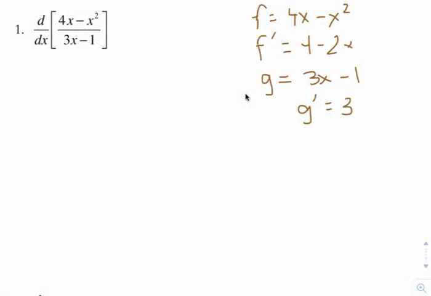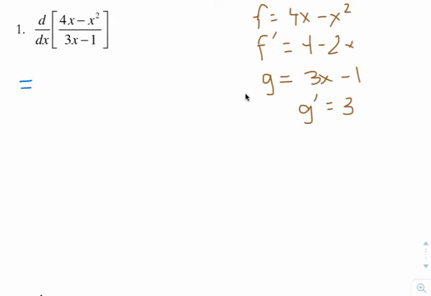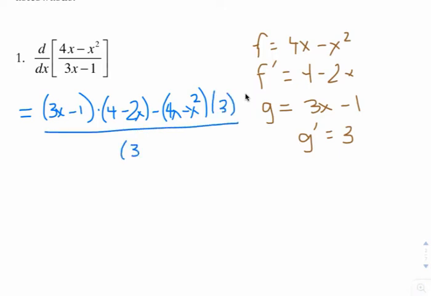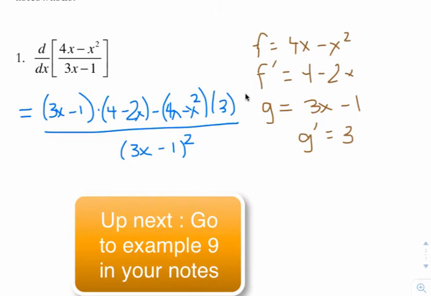So when you apply the formula, the derivative is the bottom times the derivative of the top minus the top times the derivative of the bottom over the bottom squared. Next we'll go to example 9. So scroll down and find example 9.